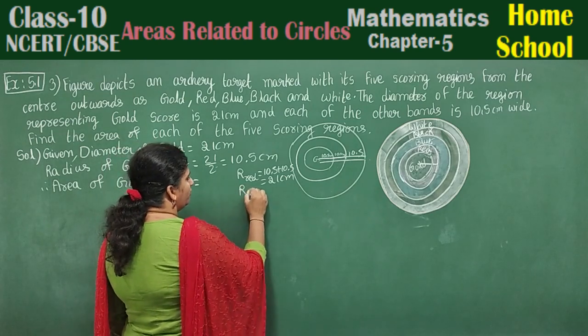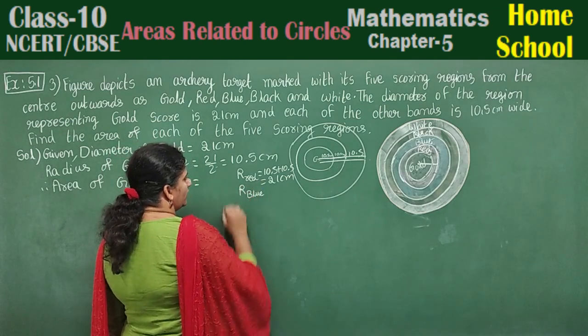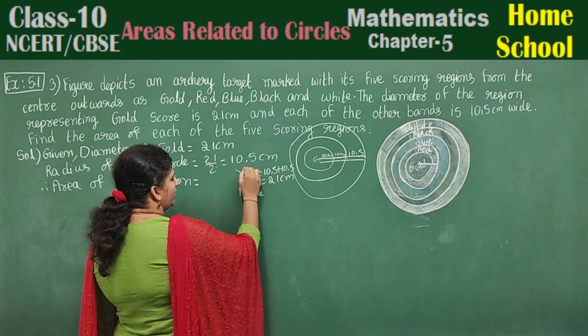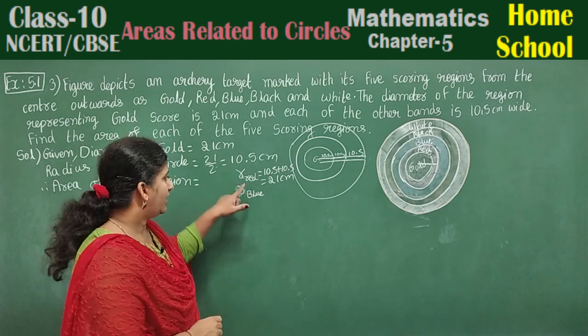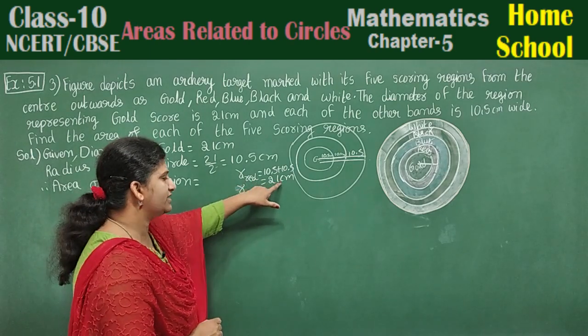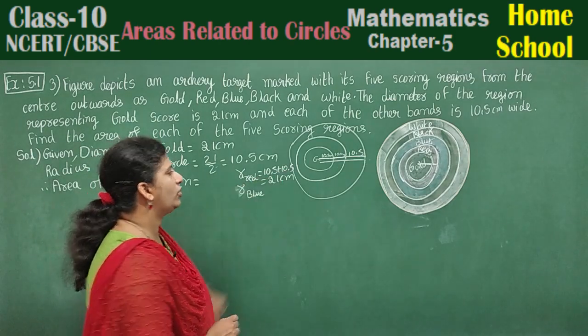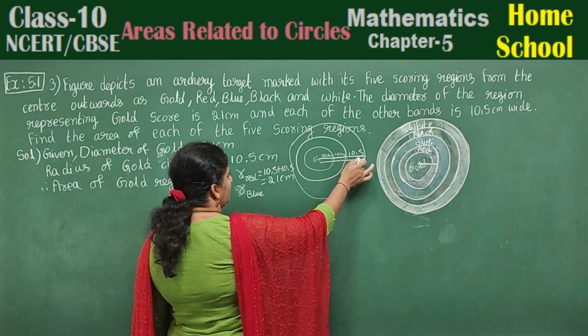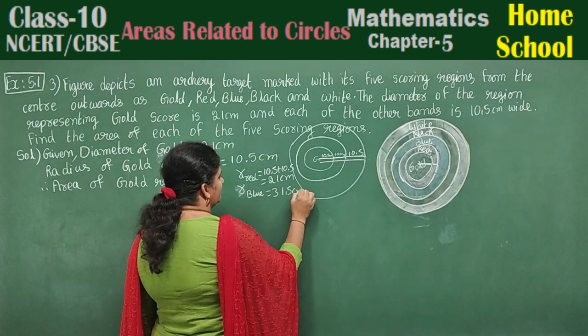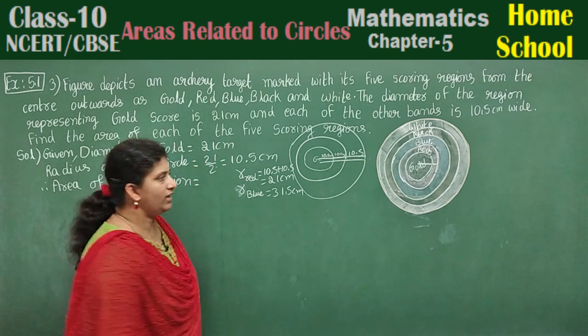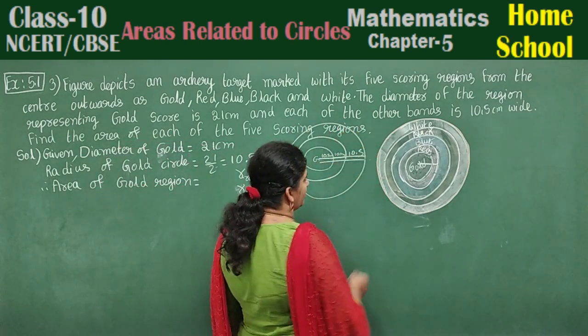You can take small r also, you can take capital R also. Radius of red color is 21 centimeters. Radius of blue color is 21 plus 10.5, 31.5 centimeters.